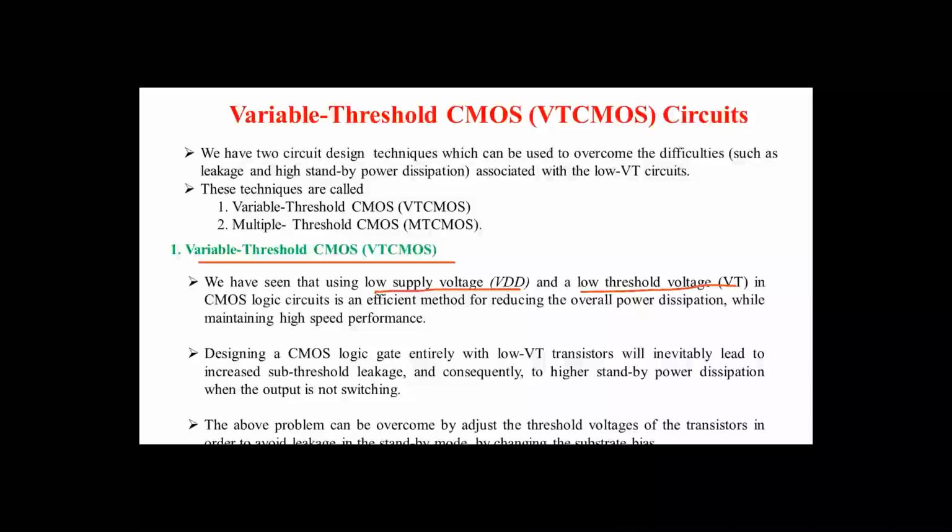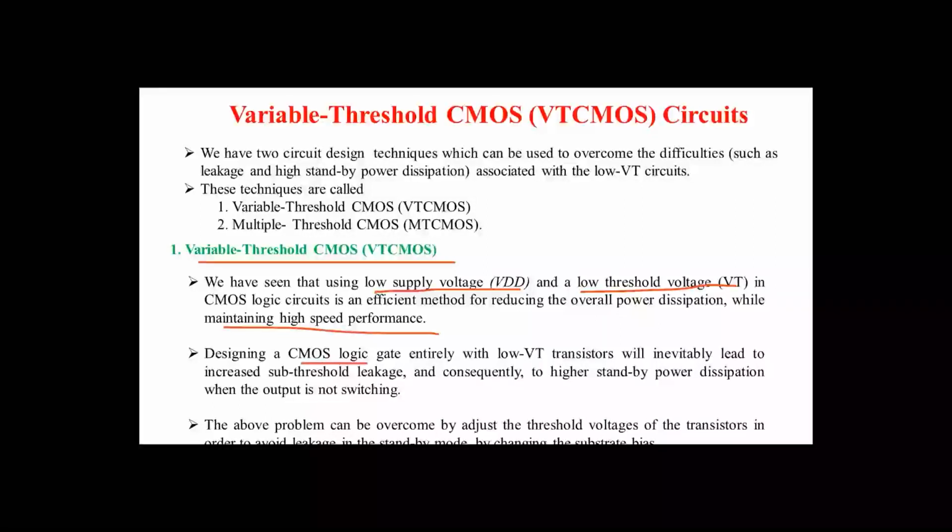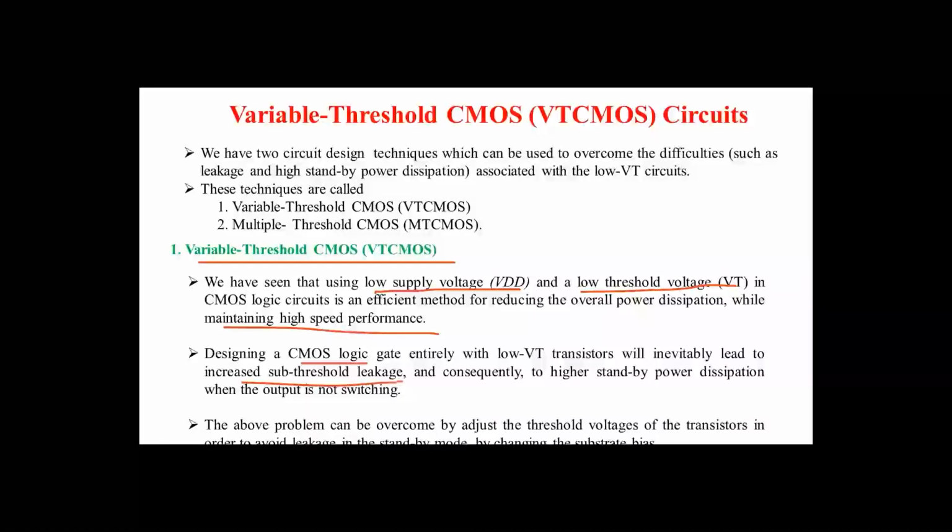It is an efficient method for reducing the overall power dissipation while maintaining high speed performance. If you consider this kind of approach implemented in a CMOS logic circuit, the corresponding sub-threshold leakage will increase.